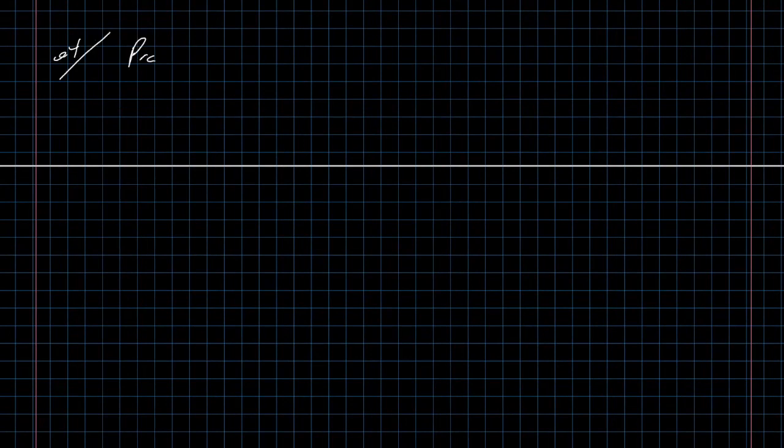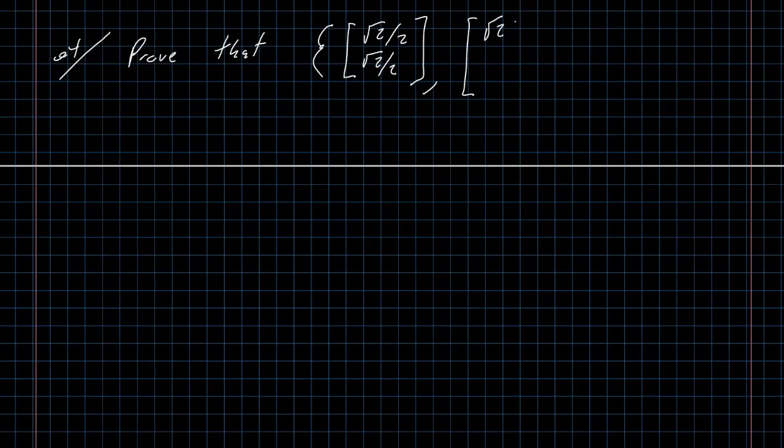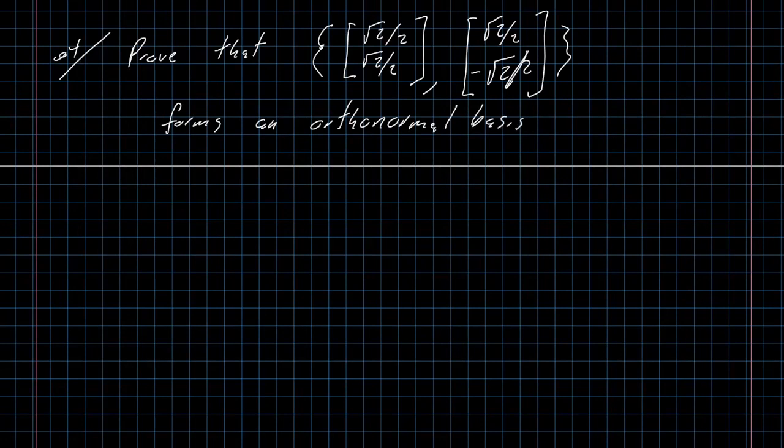I would like you to prove that the set square root of 2 over 2, square root of 2 over 2, and square root of 2 over 2, negative square root of 2 over 2, forms an orthonormal basis for R2.